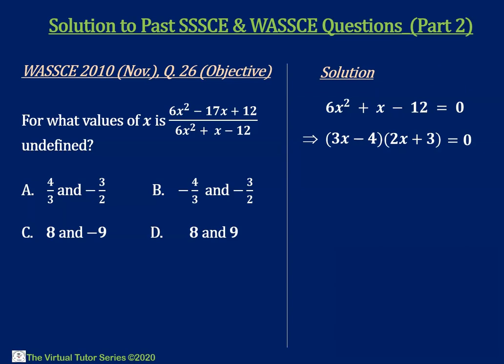If the product of two numbers is 0, then either of them can be 0. So either 3x minus 4 is equal to 0, which implies x is equal to 4 over 3.